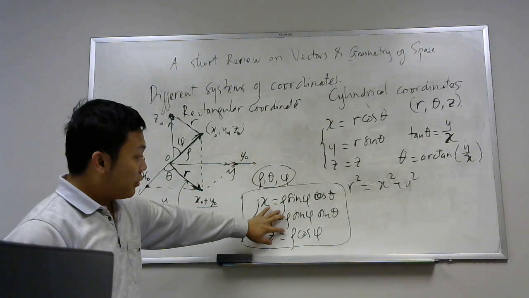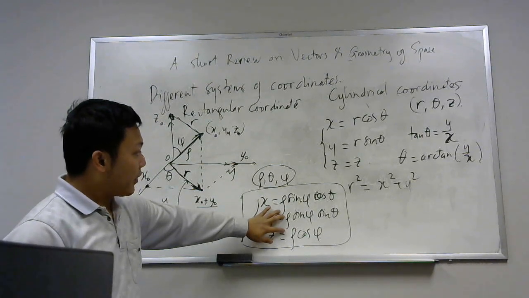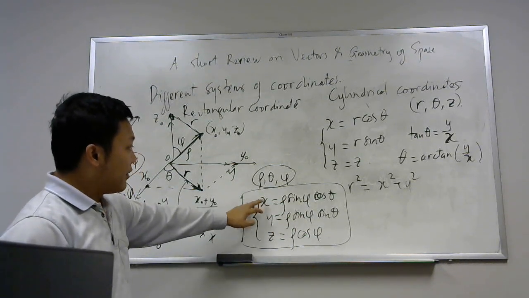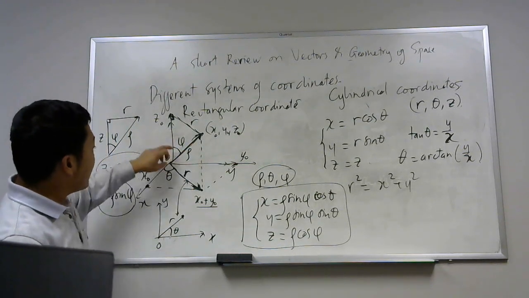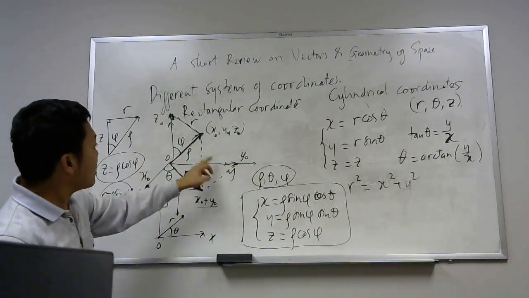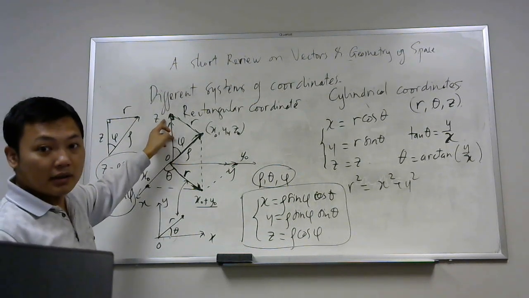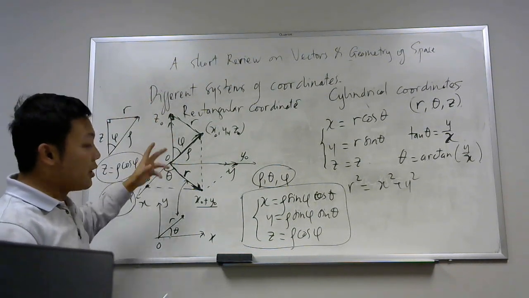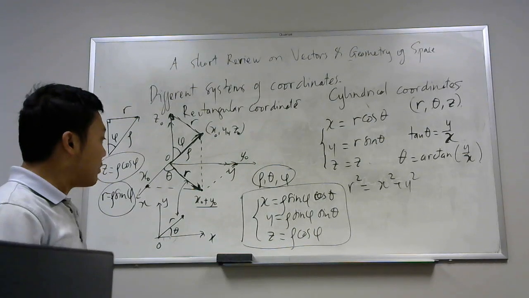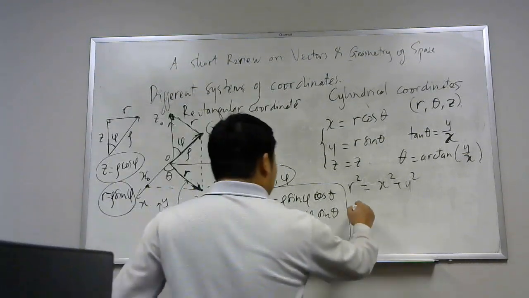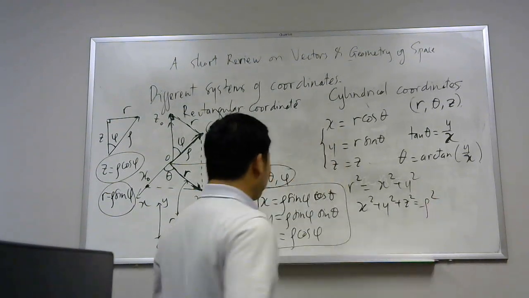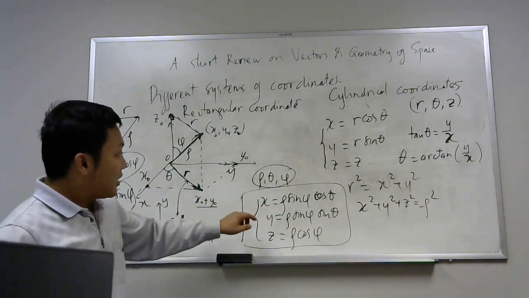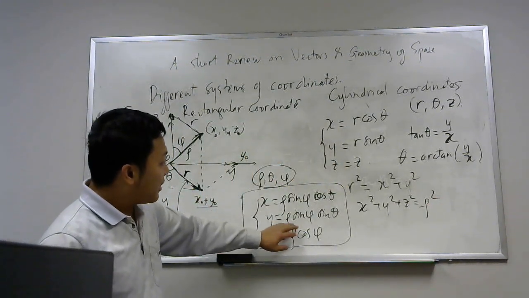Taking these three equations, you will see rho squared is equal to x squared plus y squared plus z squared. That is a very good property. So x squared plus y squared plus z squared equals rho squared. That's the first.